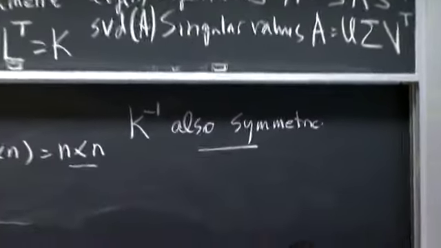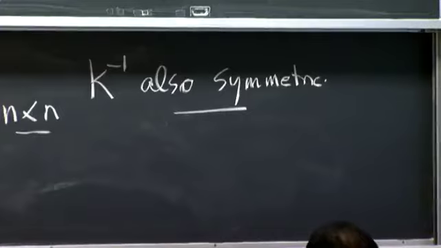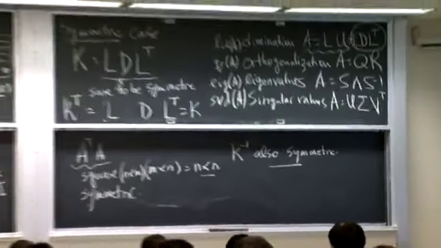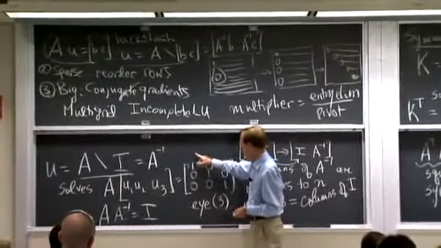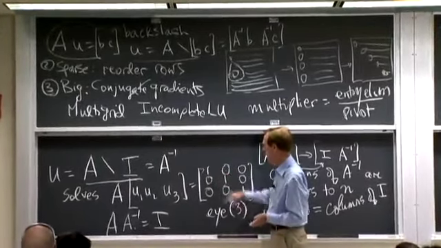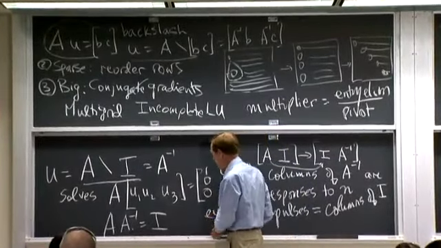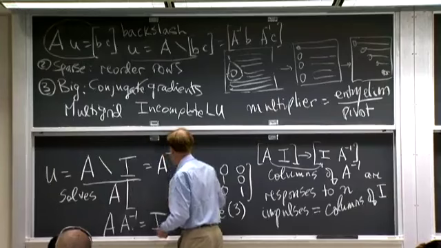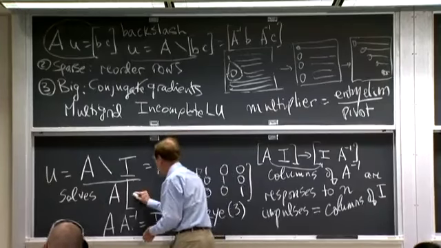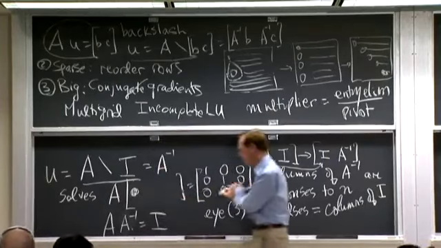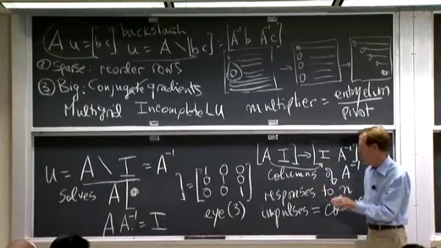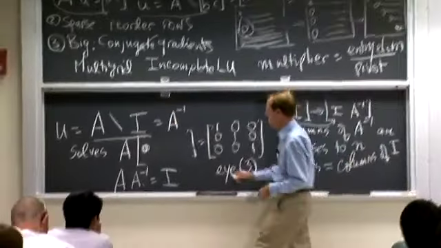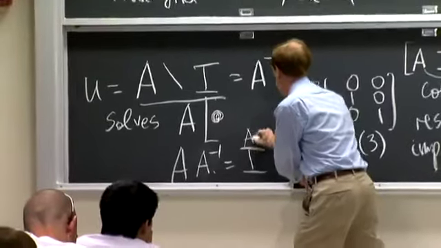But maybe in words, I'll just say a few words here at the end. I spoke about the response. So what's a typical entry? Say the 2-1 entry, just to carry on with this language one more moment. This is K inverse here.